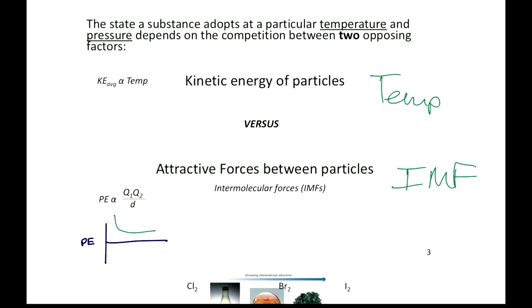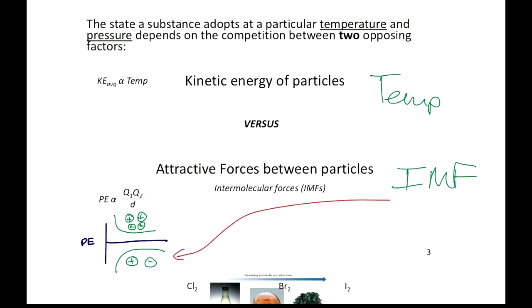Repulsions, like two positives or two negatives. But here we care more about the attractions, where things are highly attracted to one another when they have a low potential energy, when the particles are close together. So intermolecular forces relate to the bottom part of our potential energy diagram. Oppositely charged things are attracted to one another.